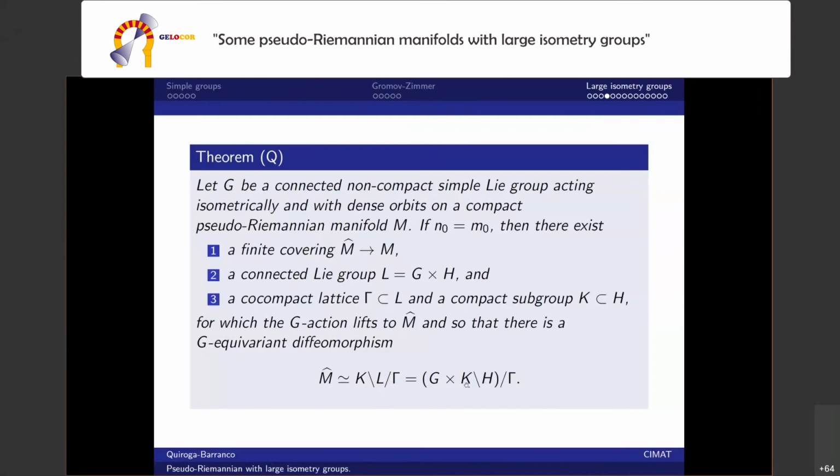So it has to be basically given by Lie theory. Once you have the same index on a compact pseudo-Riemannian manifold, the manifold M has to be given by Lie theory with the constructions I considered before. So as I said, the situation is very, very rigid.